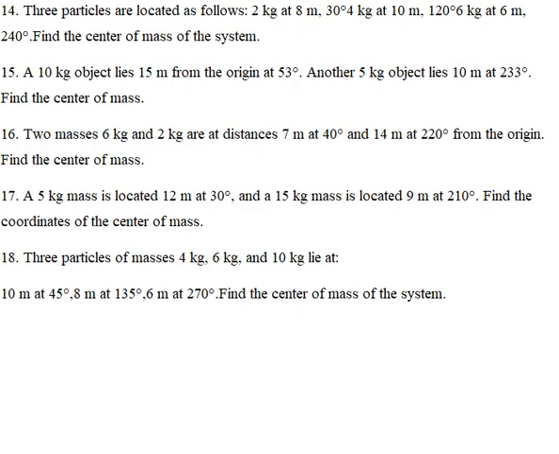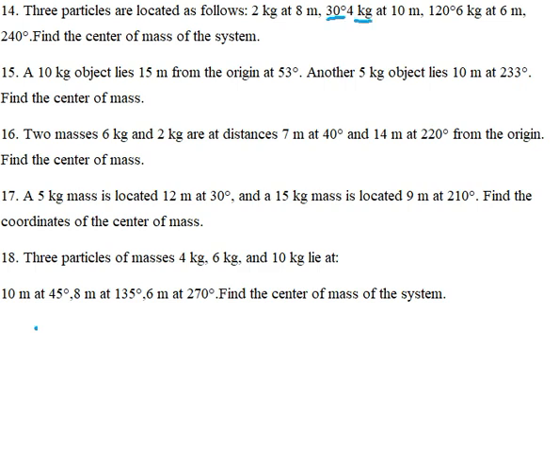And also let's apply the same principles in these questions here. We have 3 particles located at: a particle of mass 1, which is 8 meters at an angle of 30 degrees.